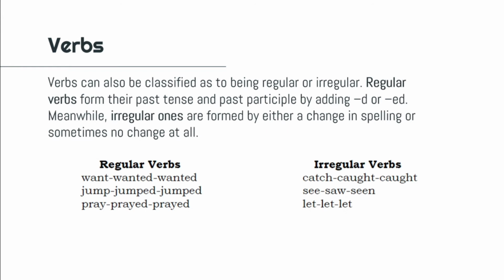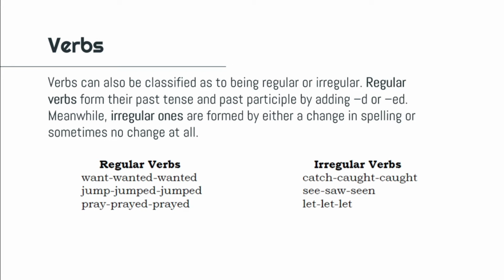Verbs can also be classified as being regular or irregular. Regular verbs form their past tense and past participle by adding d or ed. Meanwhile, irregular ones are formed by either a change in spelling or sometimes no change at all.